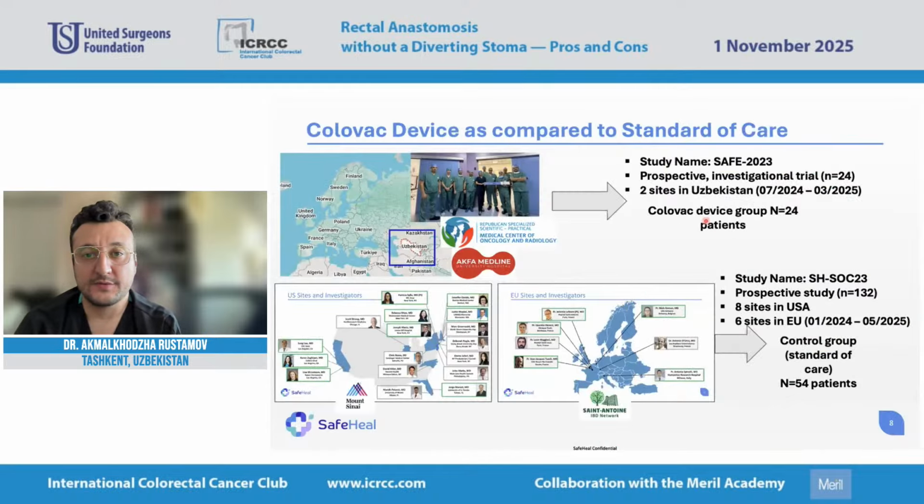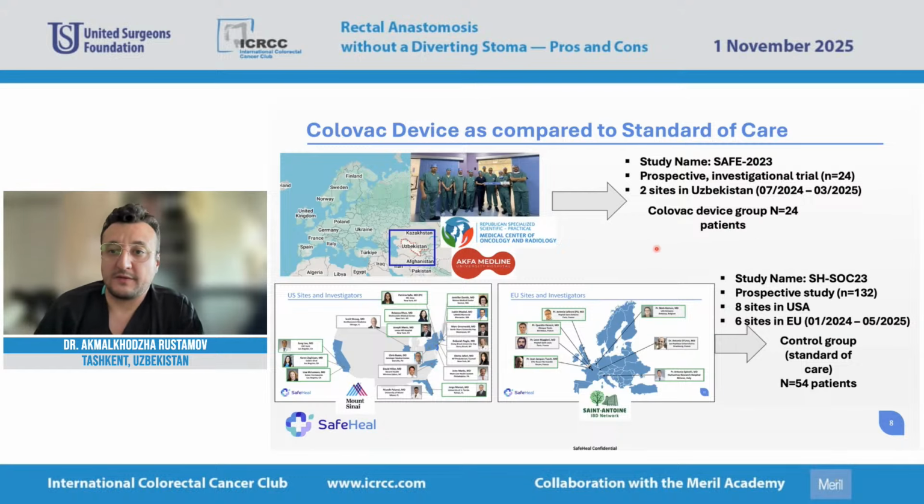The SAFE 2023, as shown on the left, was a prospective investigational trial performed at two sites in Uzbekistan, including 24 patients treated with the Colovac device between July 2024 and March 2025. Surgeries in both centers were conducted by Dr. Karachun himself as lead surgeon.